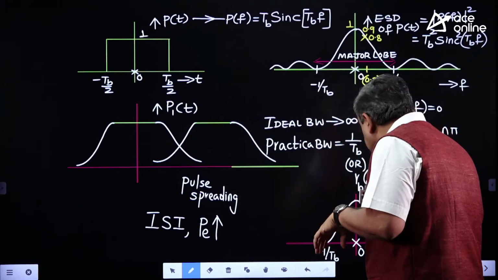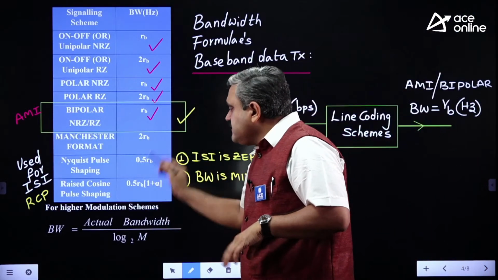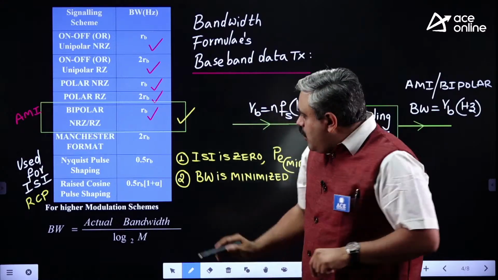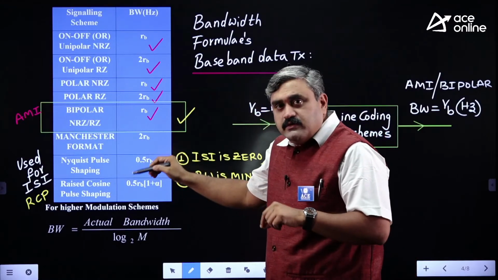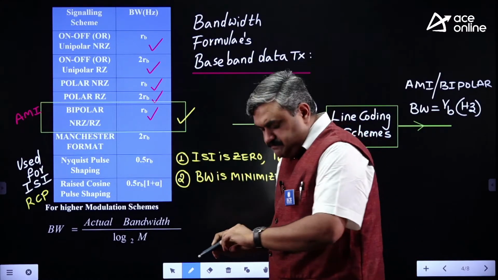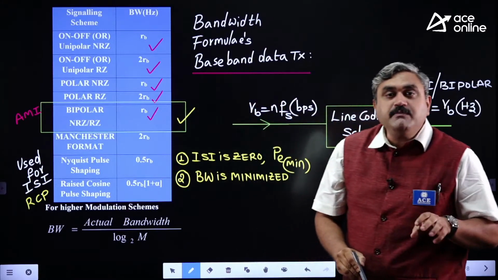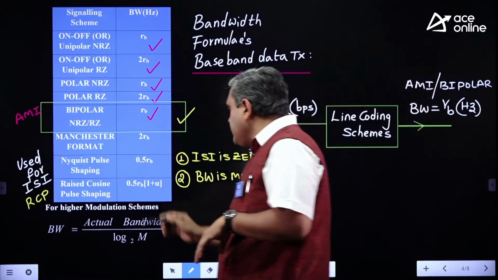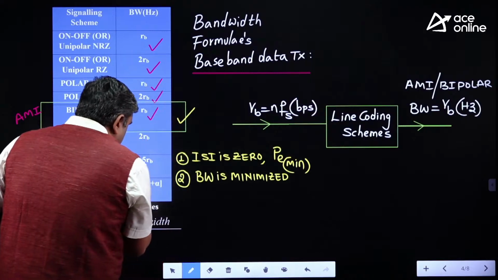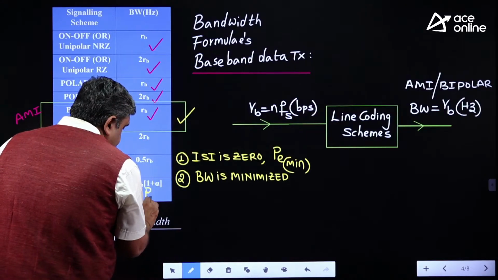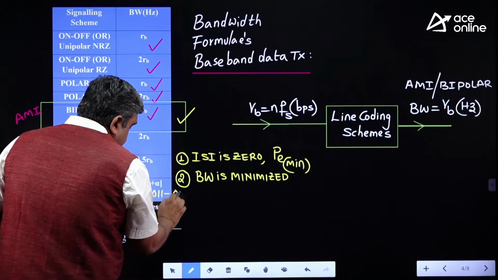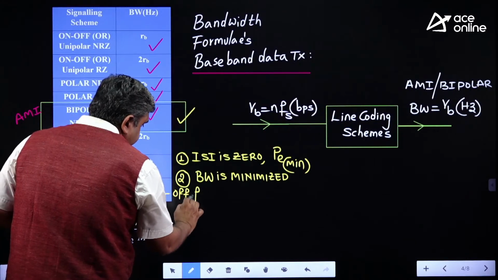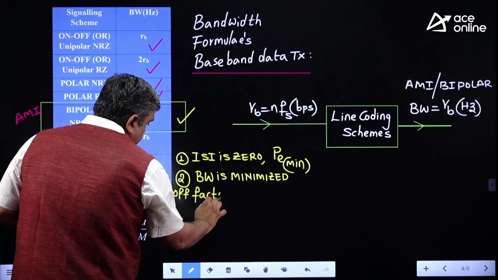So when you use these raised cosine pulses, this is the bandwidth. Normally it is RB by 2 with Nyquist sampling pulses. Here this value becomes RB by 2 into 1 plus alpha. What is this alpha? It is called the roll-off factor. That's all.